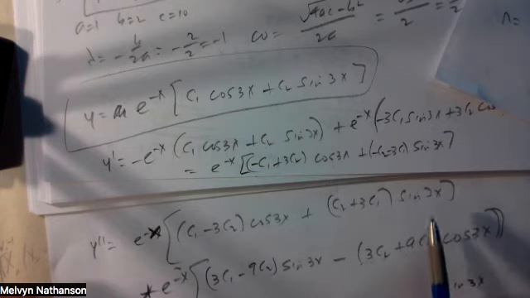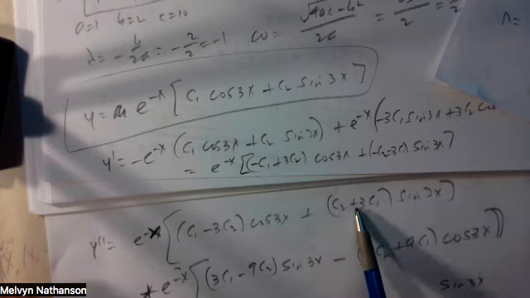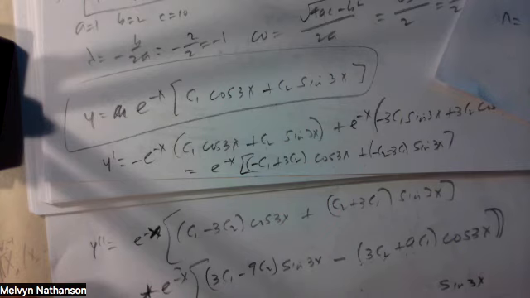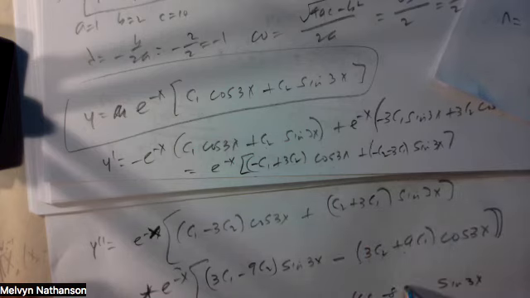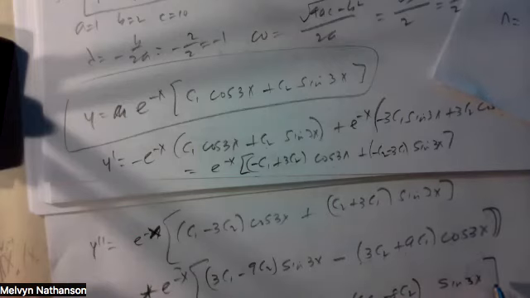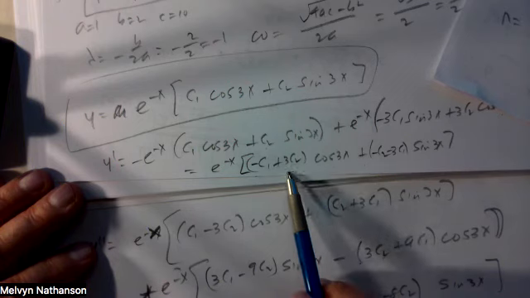The coefficient of sine 3x is this plus this, so that's 6C1 - 8C2 times sine 3x, plus 2y'.